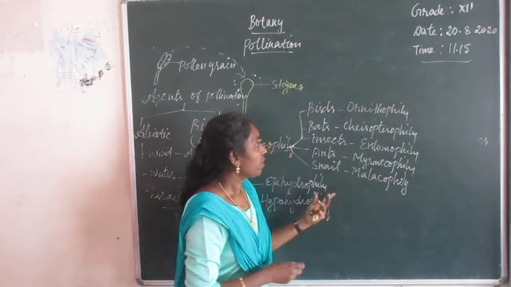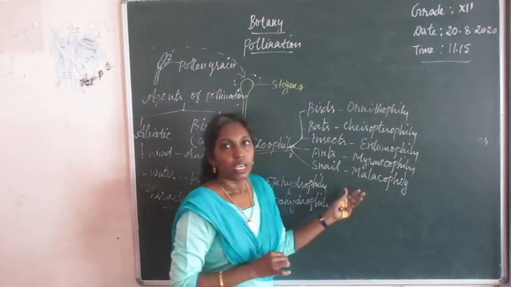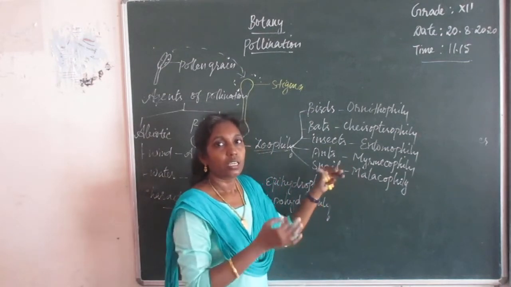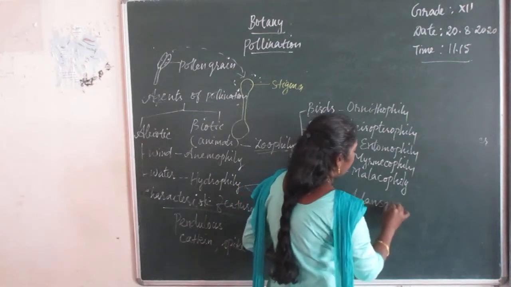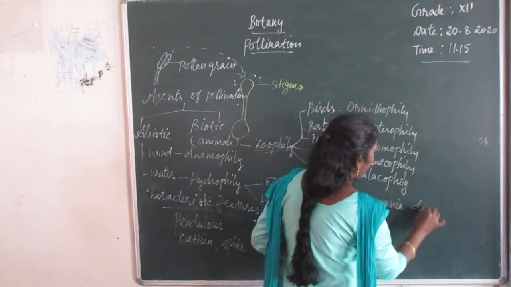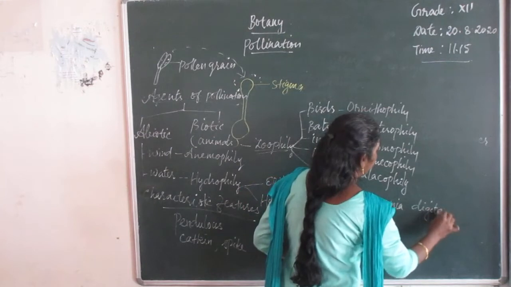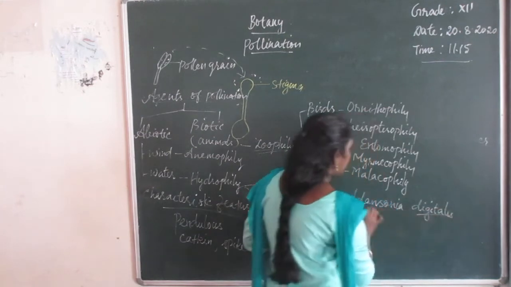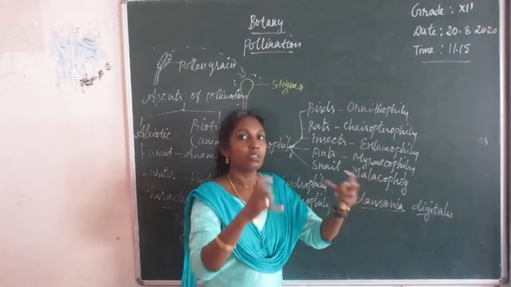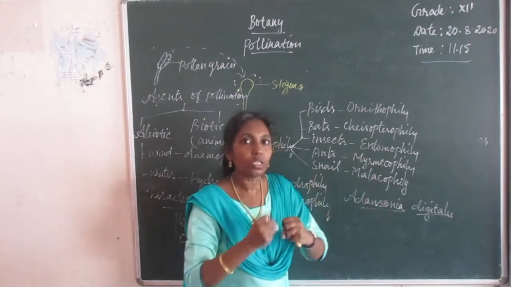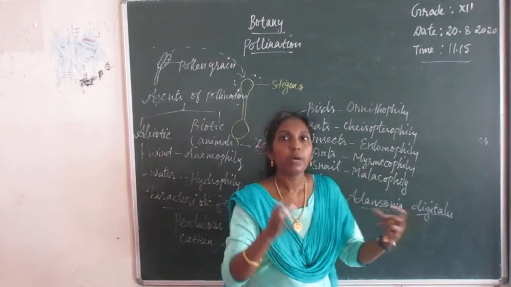One example is Adansonia, and another is Digitalis. In this, bears act as pollinators. These bears try to hold the flower by its stigma.